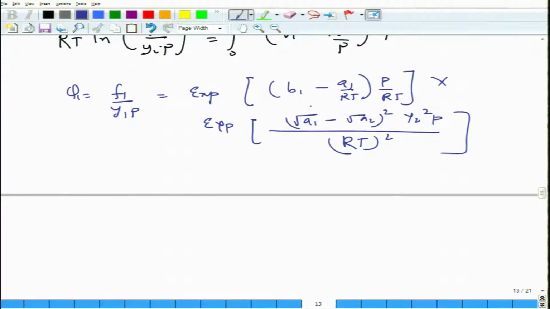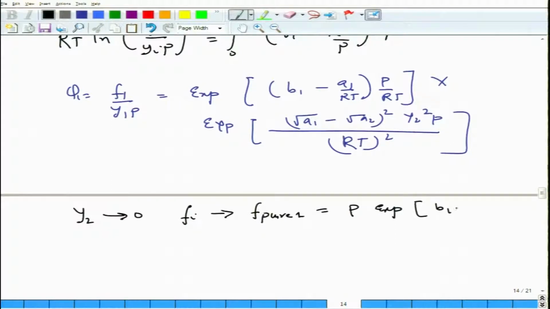The second term is dependent on A2, but the first term is independent of A2. So, if I consider y2 goes to 0, which essentially means pure 1, then f1 pure is going to be simply p multiplied by exponential of (b1 minus a1 by RT) multiplied by p by RT. That is what it is saying.